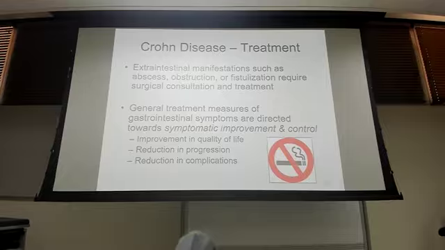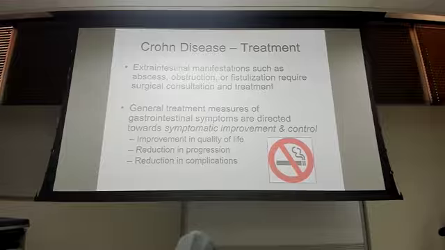Mainly, we treat the symptoms, generalized symptom control first, and the goal there is just improving the quality of life of these patients with this chronic waxing and waning disease process. And then we're going to talk about reducing the progression of the disease and then trying to reduce the complications.